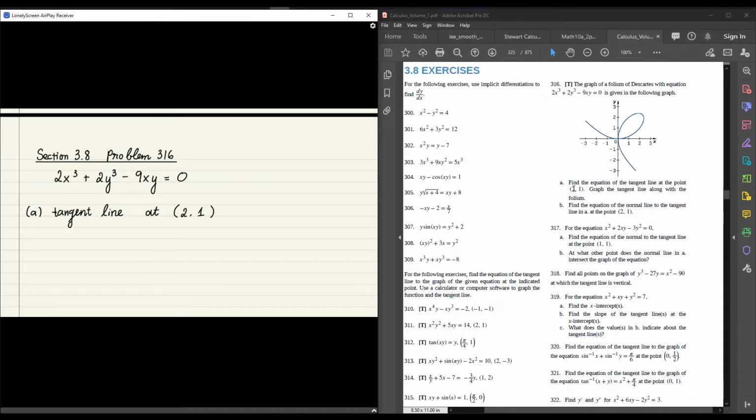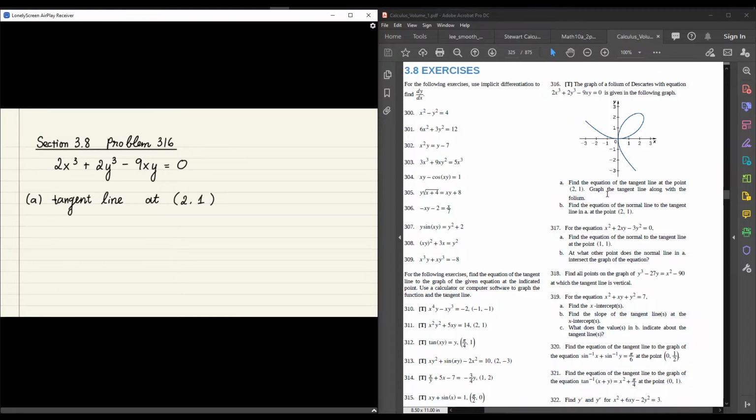And we are asked to find the equation of the tangent line at the point (2, 1). So let's see how we can do that. Remember that to find the equation of a tangent line, we need two things. We need the slope of the tangent line at x equals 2 and also a point on that tangent line.